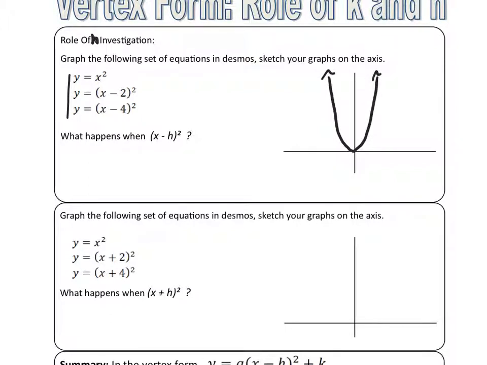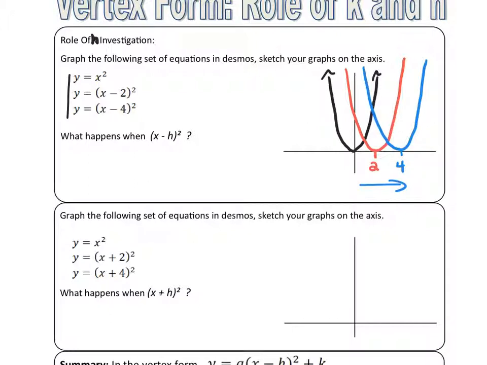That's our x squared, or our original one. x minus 2 would have been over here and touched at 2. And then the other one would have done this. So you should have noticed that the parabola stayed the same shape, but it moved to the right.